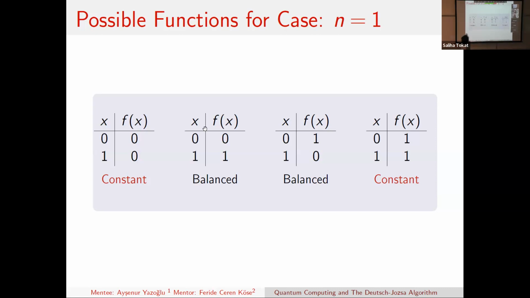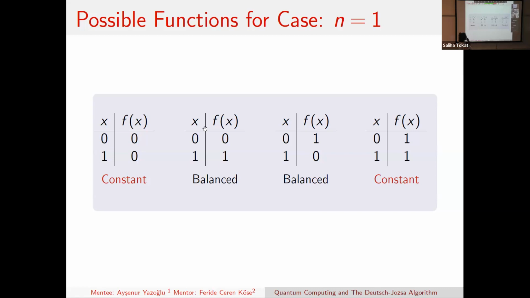So let's say we start evaluating from 0. What we would get is f(0). That's not really meaningful because the problem is still here. I still don't know if the function is constant or balanced.